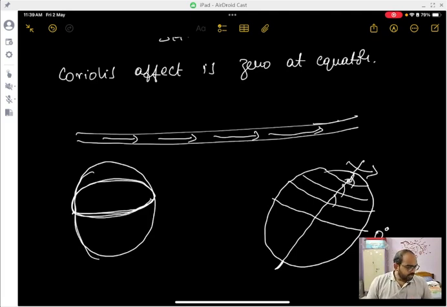And another thing is the rotational motion at equator is similar to the circumference of the earth, so it does not make any angle.